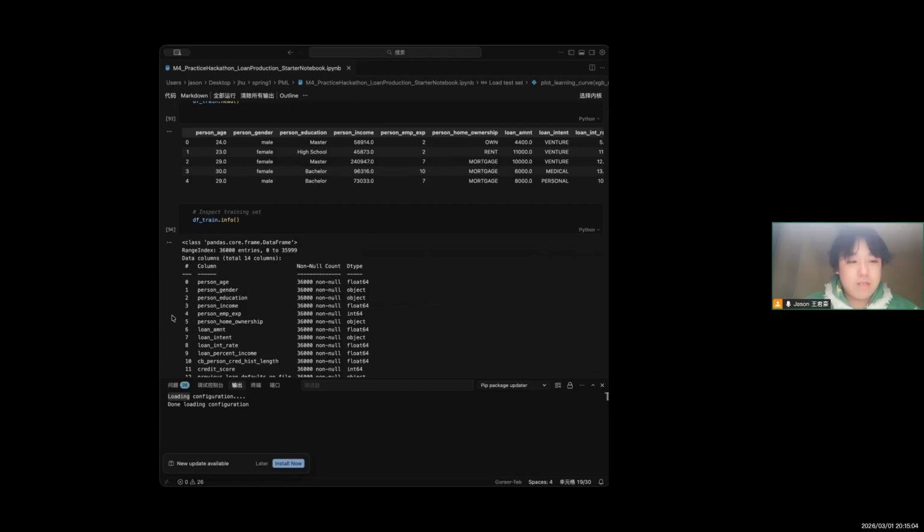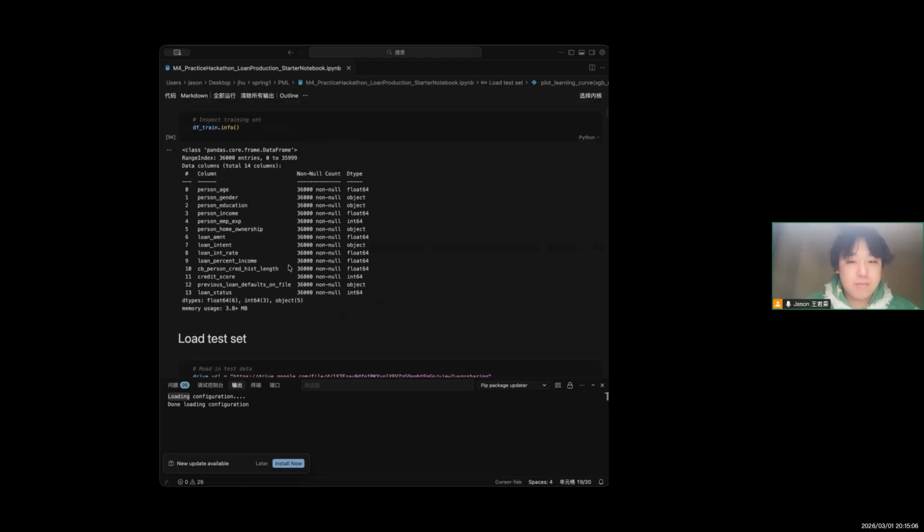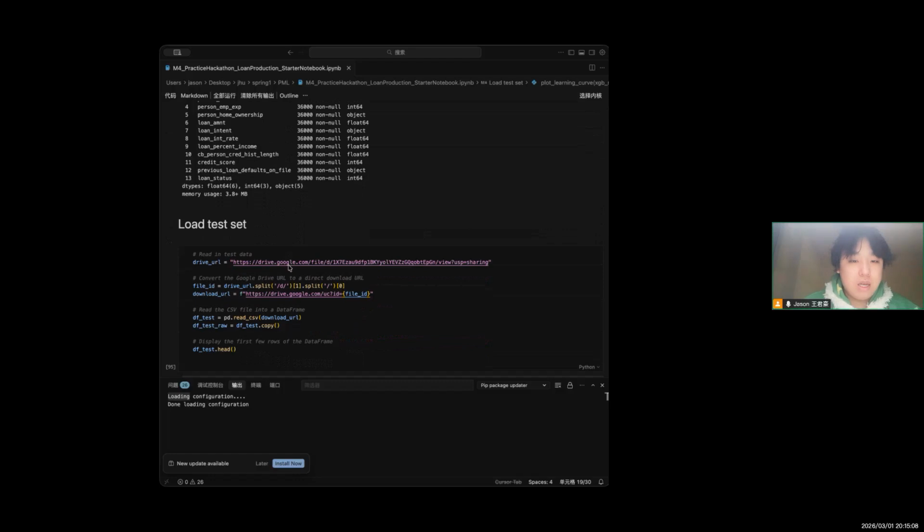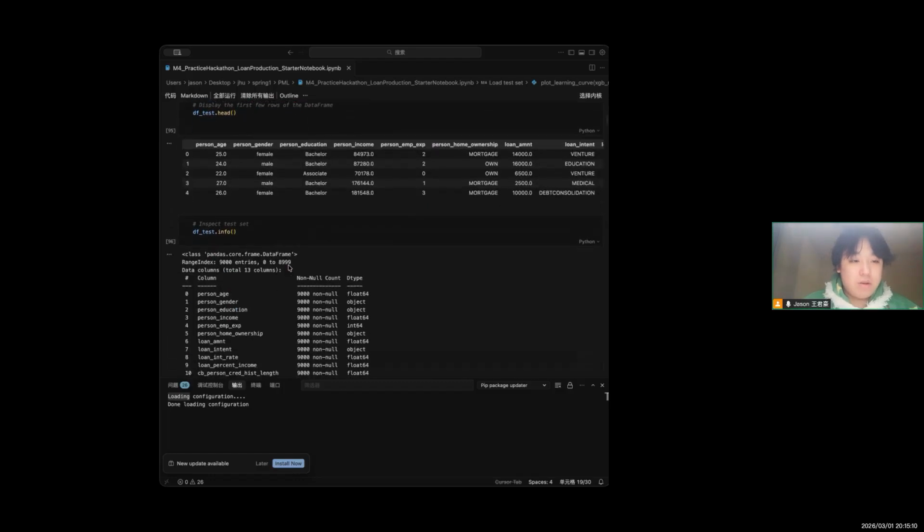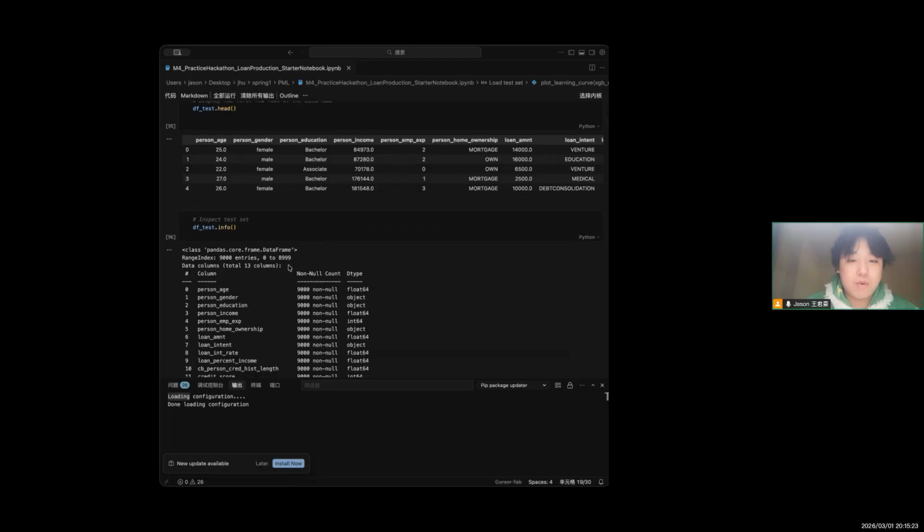The first major step in the notebook is preprocessing. Instead of manually cleaning data, I implemented a structured preprocessing pipeline using scikit-learn's ColumnTransformer and Pipeline framework.